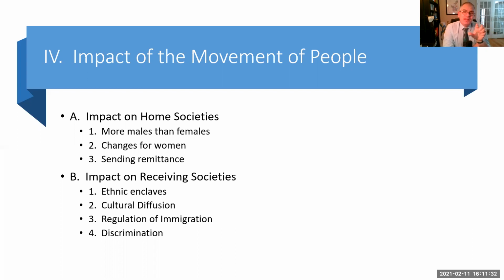But that wasn't just happening in the United States. There is also a movement in Australia to restrict immigrants who are coming into Australia, Chinese immigrants in particular, who by some Australians were deemed as destroying the European society. So the regulation of immigration was very common in the 19th century.